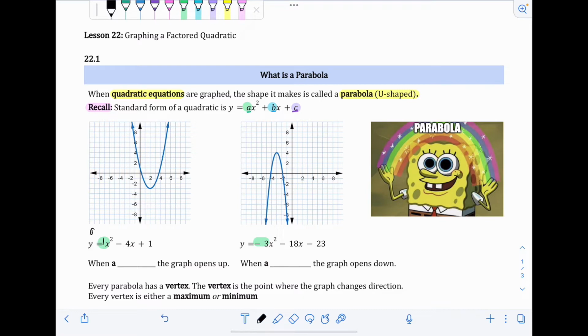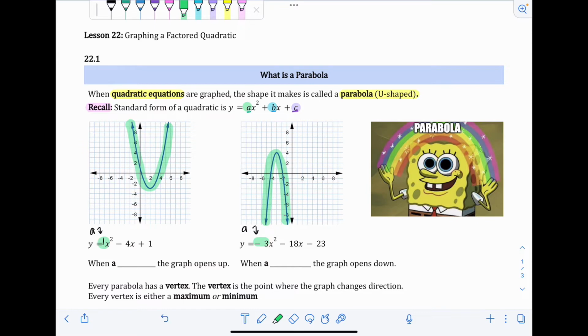So in the first graph, a is 1. In the second one, a is negative 3. The numbers don't matter so much as the positive and negative. You'll notice when a was positive 1, the graph opened up. Think of it as increasing. When a was negative 3, the graph opened downward. It's kind of like decreasing.